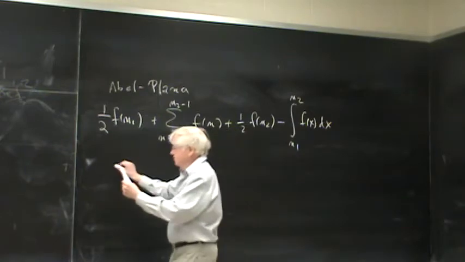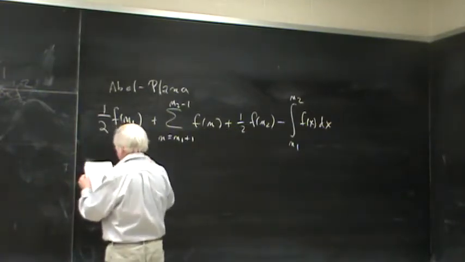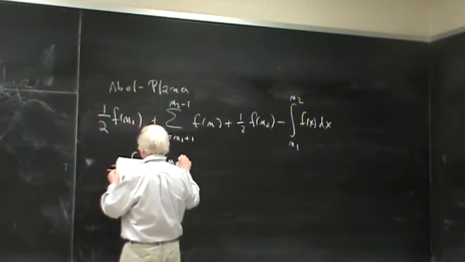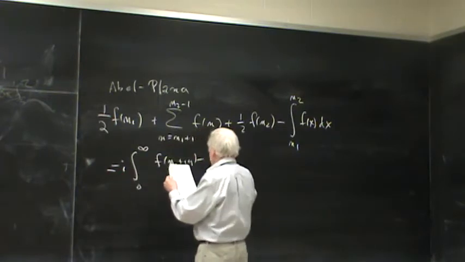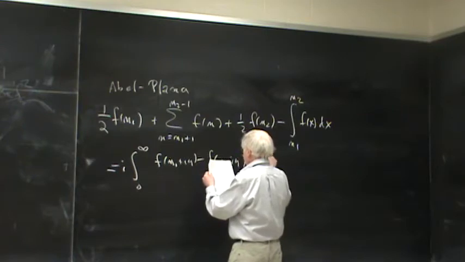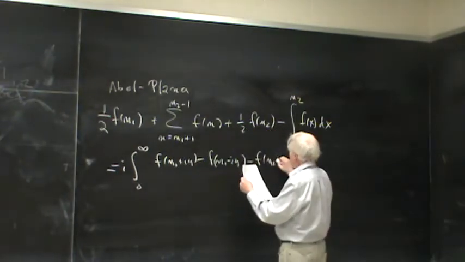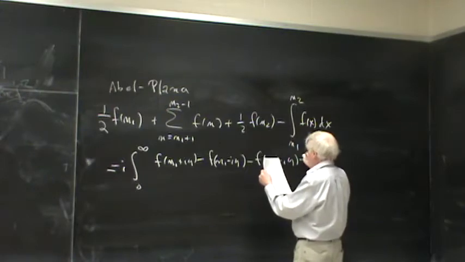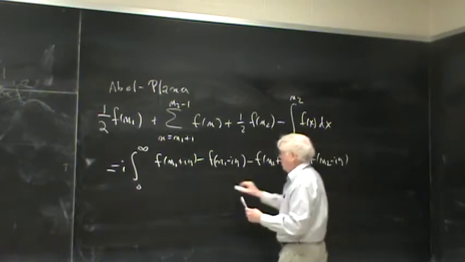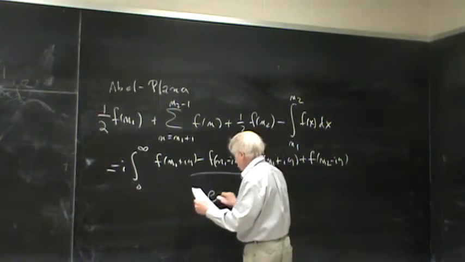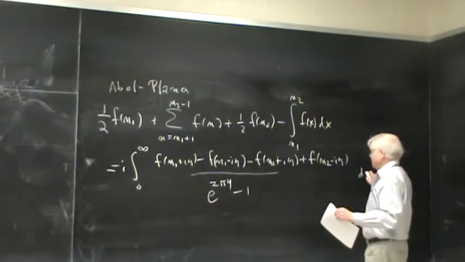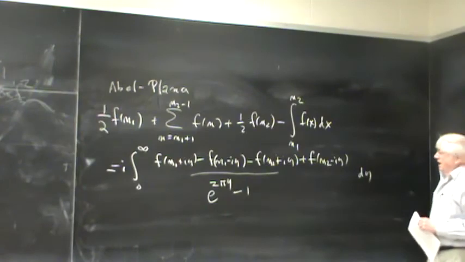That is equal to i times the integral from 0 to infinity of [f(n1 plus iy) minus f(n1 minus iy) minus f(n2 plus iy) plus f(n2 minus iy)] divided by (e to the 2 pi y minus 1) dy.